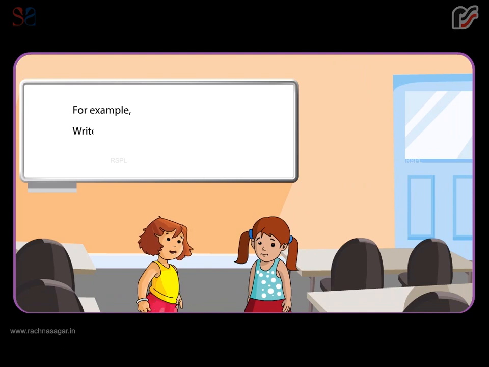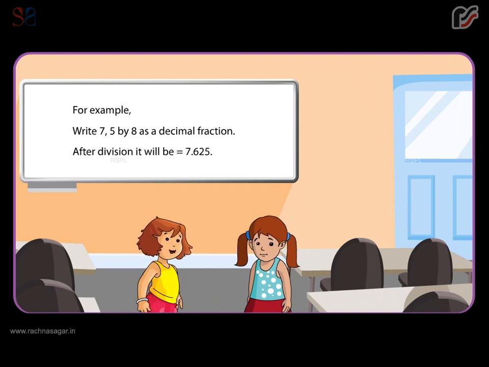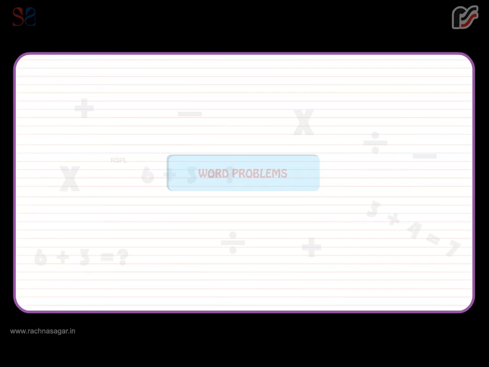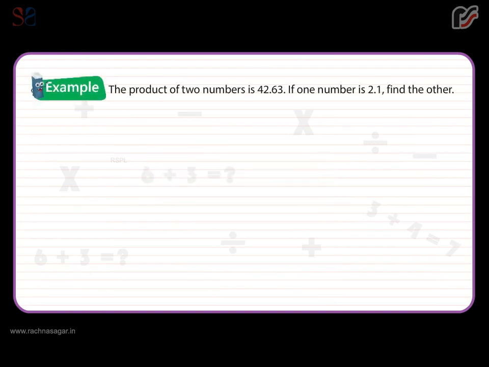For example, write 7 5 by 8 as a decimal fraction. After division, it will be equal to 7.625. Word problems. Example. The product of two numbers is 42.63. If one number is 2.1, find the other. Solution.